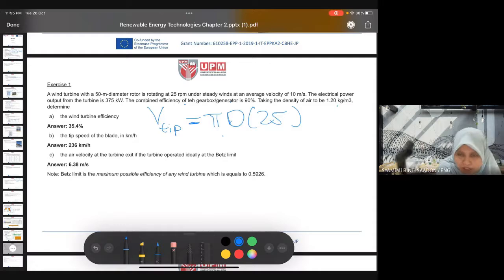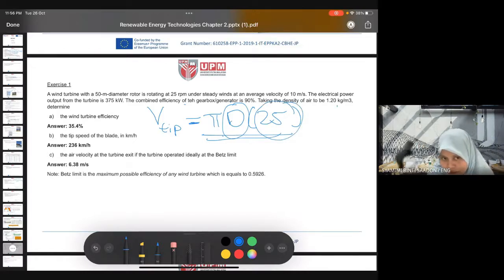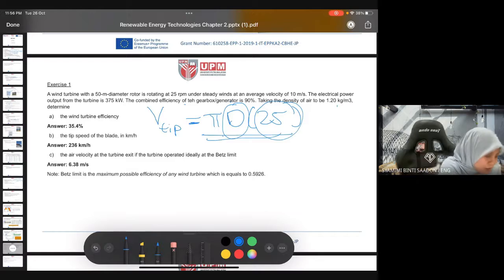Then you have to change the unit from minutes to hours, because you use kilometer per hour. So just change the unit. This one is in meter, change to kilometer, and this one is in rotation per minute, change it into per hour. Then you will get the answer, 236 kilometer per hour.